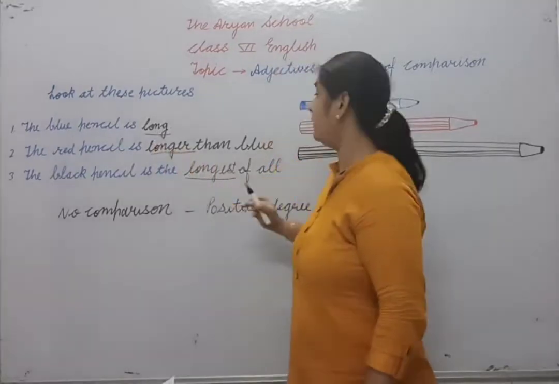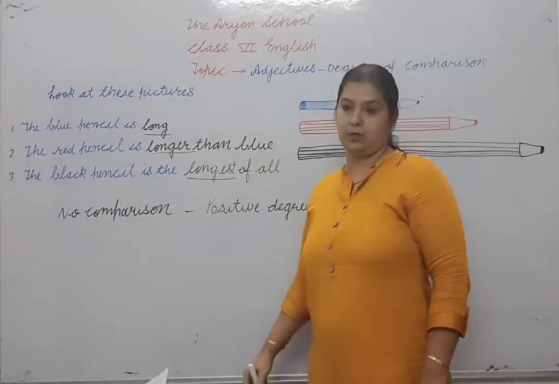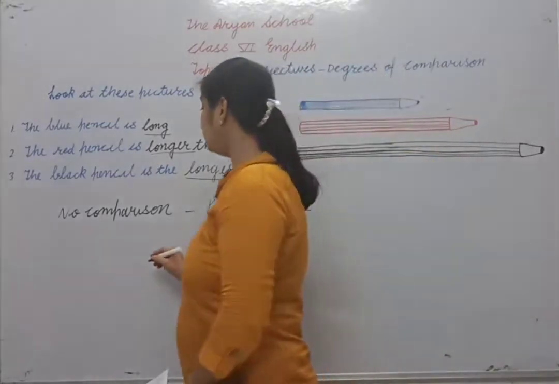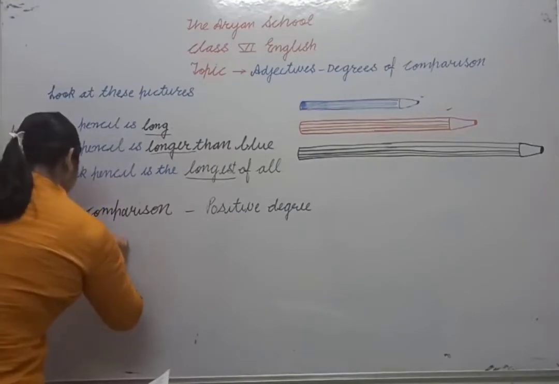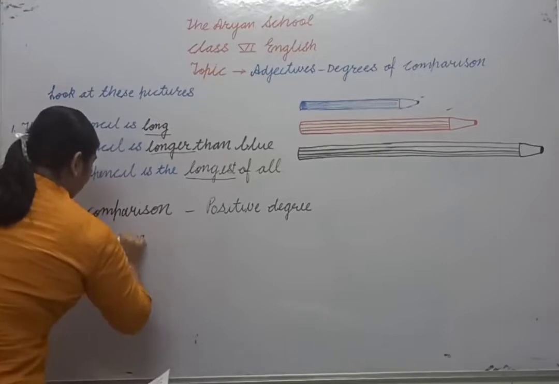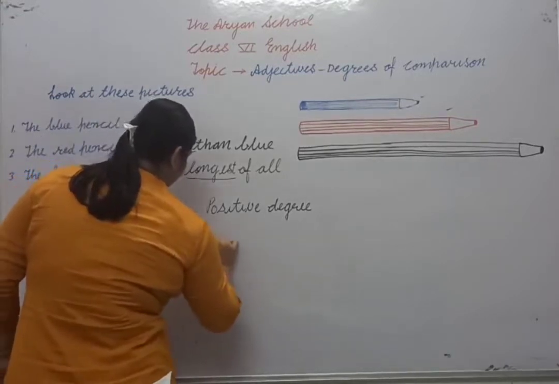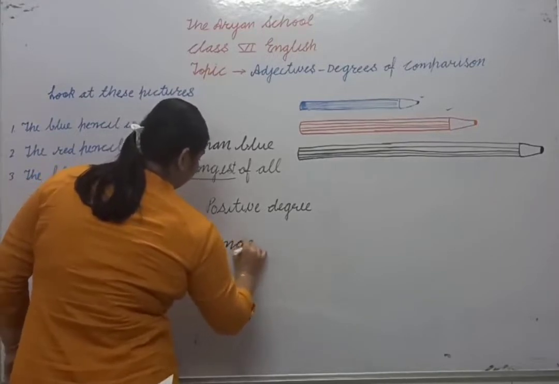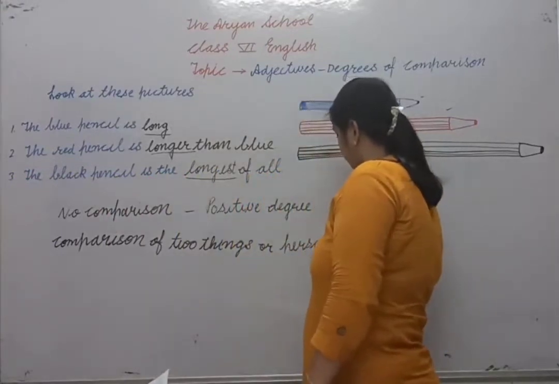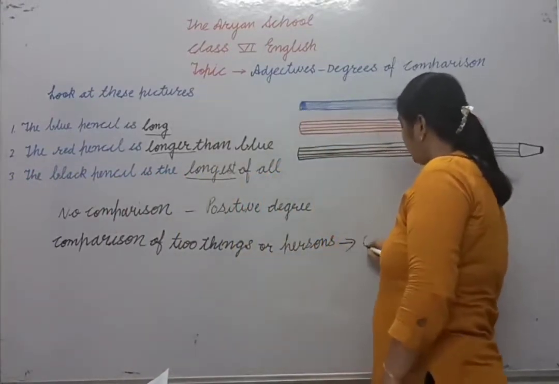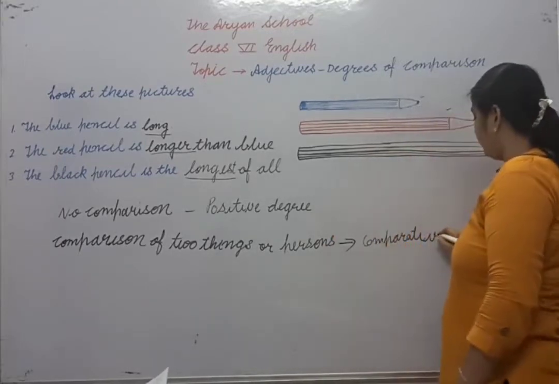When we are comparing between these two pencils, then I am using here longer, adding ER, and here we are doing the comparison of two things or persons. That is called comparative degree. Where we do the comparison is called the comparative degree.